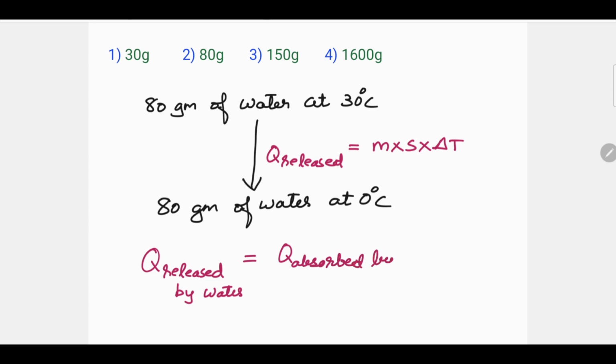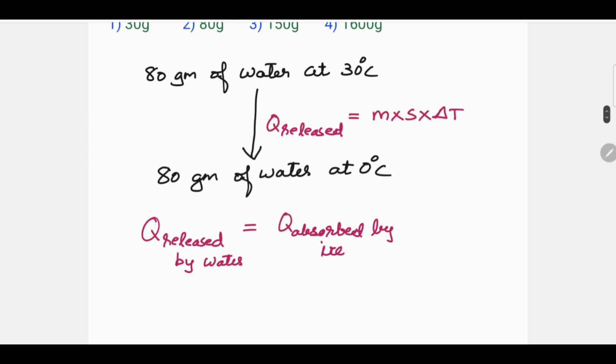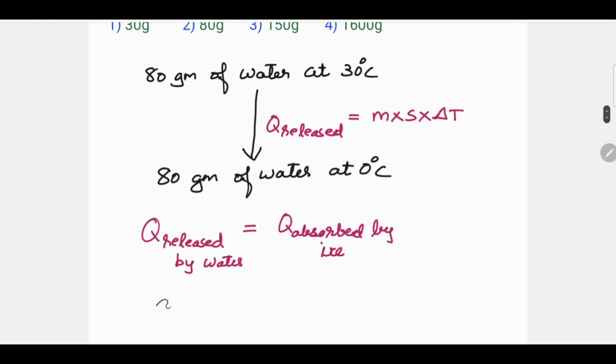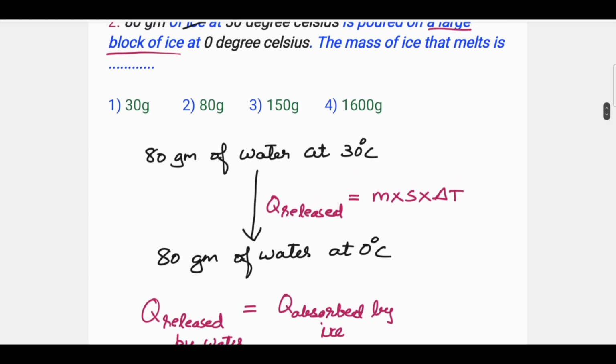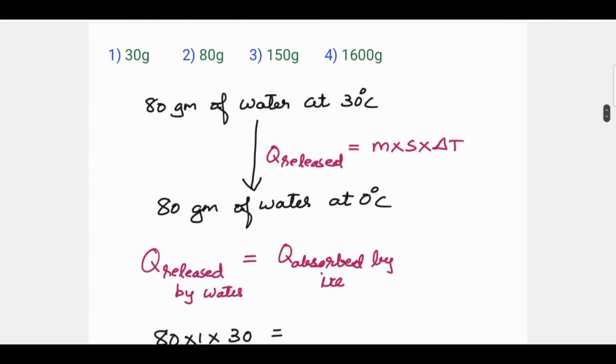That is the calorimetry principle. What is Q released by water? Mass into specific heat into delta T. Mass is 80, specific heat is 1, delta T is 30 minus 0, and I am straight away writing 30. So this much amount of heat is released by water. That heat is absorbed by ice for its melting. It is a large piece of ice, so the complete ice will not melt. Let m gram of ice melt.